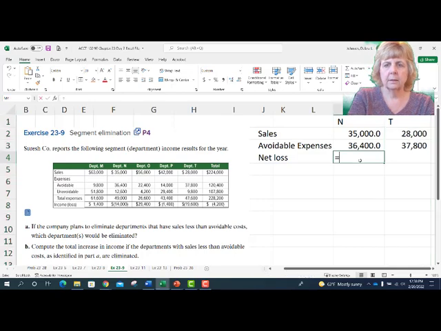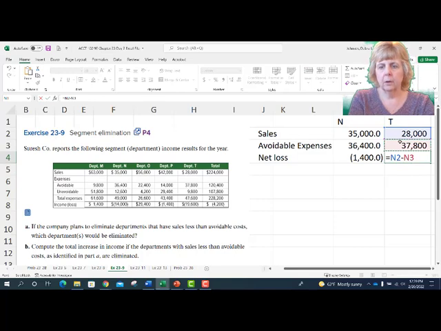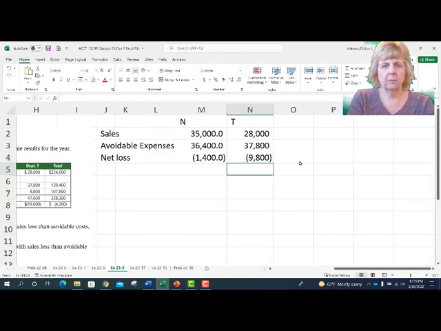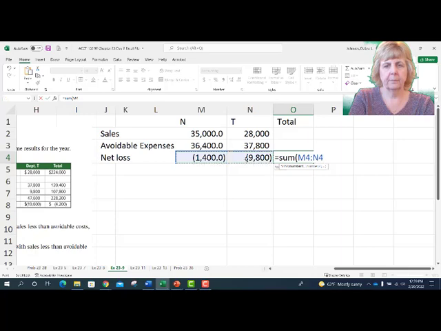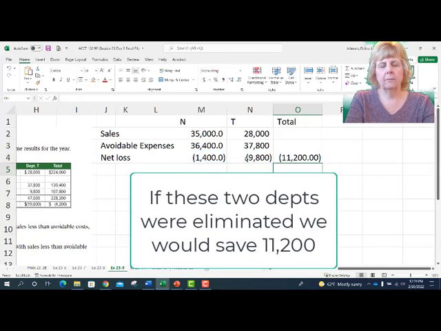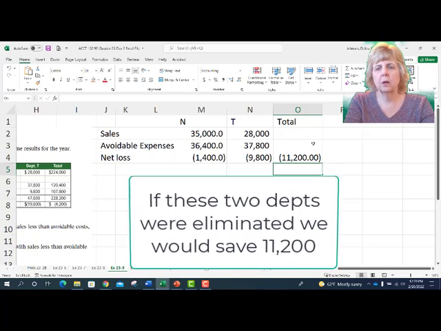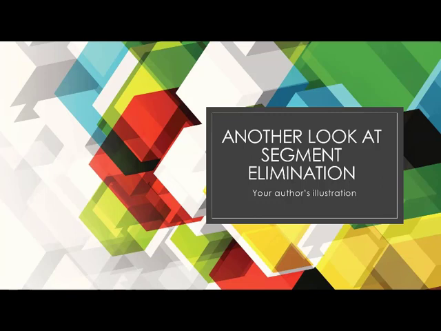The net loss, if these were eliminated, we would say goodbye to these amounts, and if we totaled them up, at least that net loss line, let's total that up. If these 2 departments were eliminated, we would save $11,200 of losses.